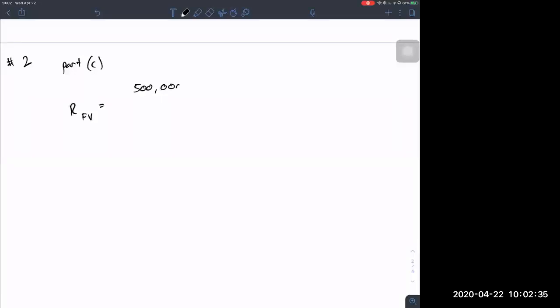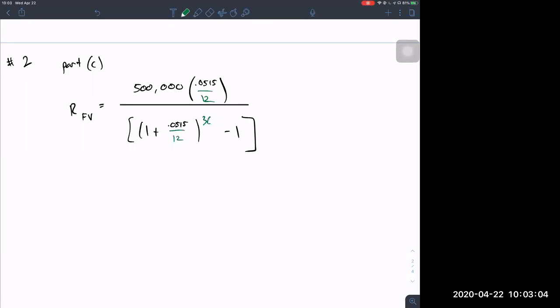I'll give you a brief moment, and then you're going to let me know, as well as anyone else, $500,000 at 0.0515. If it was, hey, I didn't use the right formula, or hey, I need to see the syntax. 1 plus 0.0515 minus 1, and then this is per month, right? And it's in 30 years. So that's 12 times 30, positive 360.